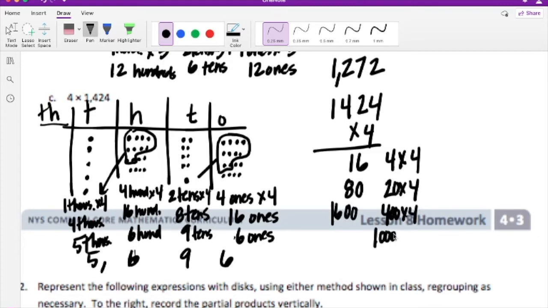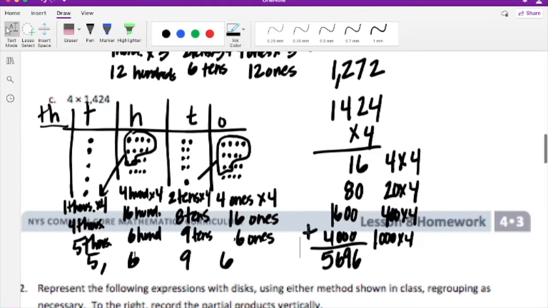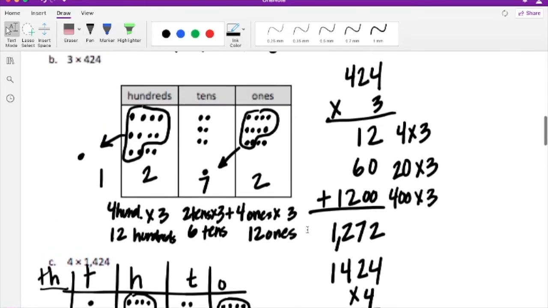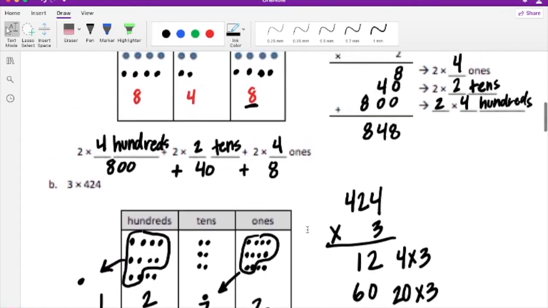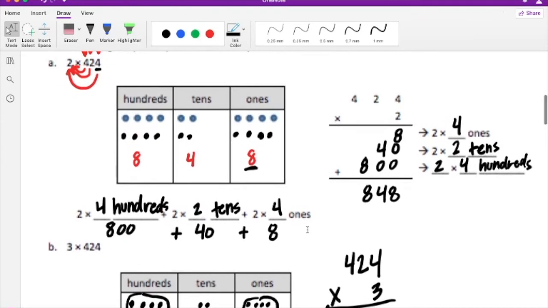And 1,000 times 4, that's 4,000. Add that up, I have 5,696. So that works. Now, as you can see, this is a lot of work doing the digit that many times.